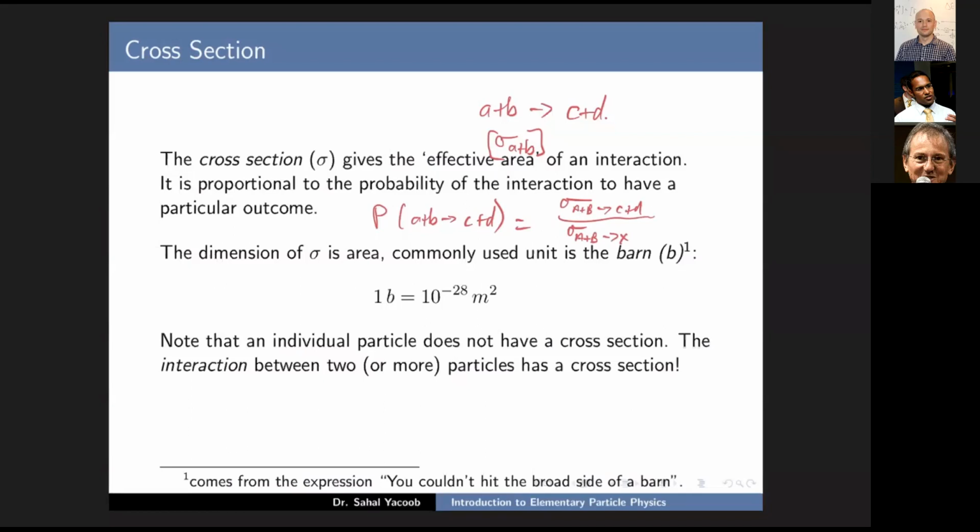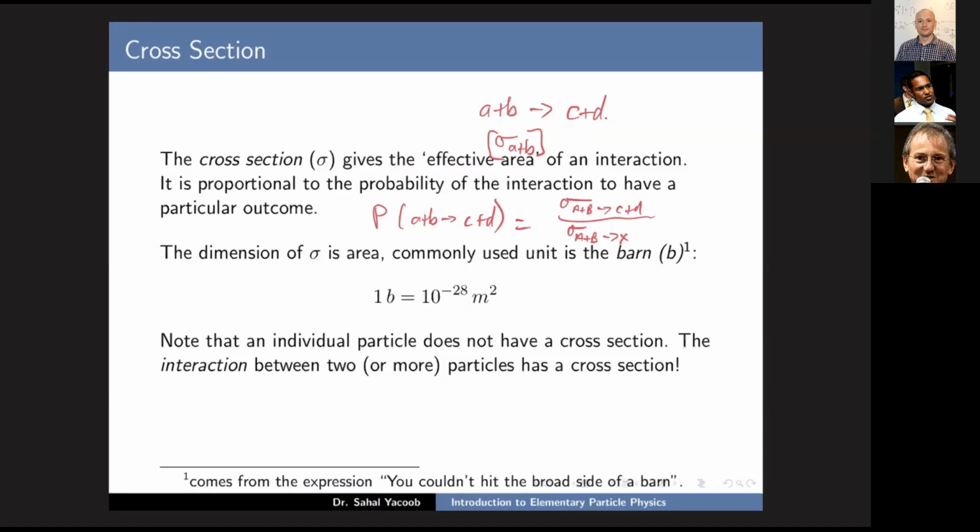It's not exactly a probability. It has dimensions of area, and it's important to note that an individual particle does not itself have a cross-section. It's the interaction between two particles that has a cross-section. The standard unit we use in particle physics is the barn, which is 10 to the minus 28 meters squared.